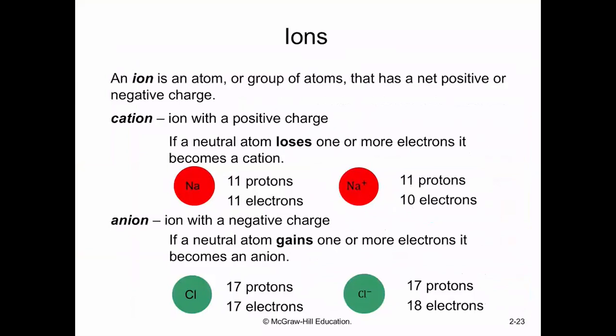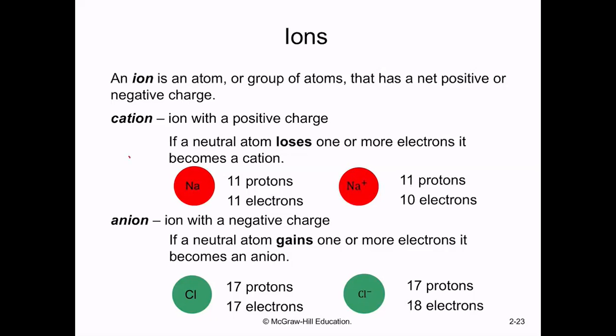An ion is an atom or group of atoms that has a net positive or negative charge. So the ion has a net charge, either negative or positive. The cation is the ion with a positive charge, and the cation is formed when a neutral atom loses one or more electrons. Now, remember that an atom has positive protons in the nucleus.